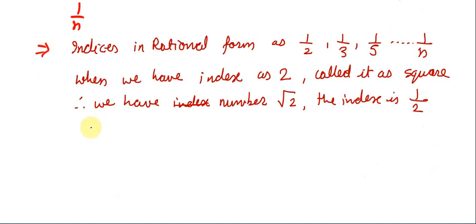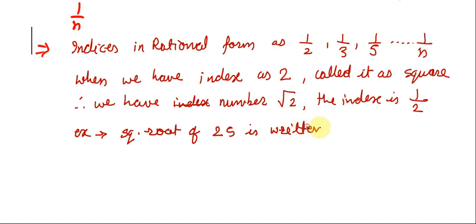Similarly, for example, the square root of 25 is written like this, and also we can write it in index form as 25 raised to the power 1 by 2.